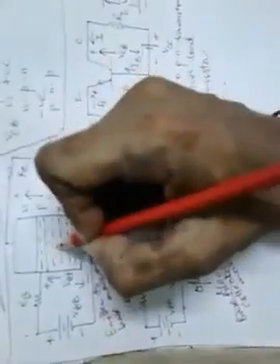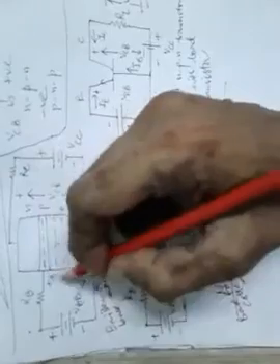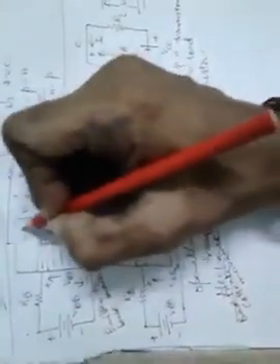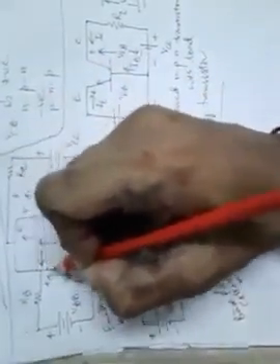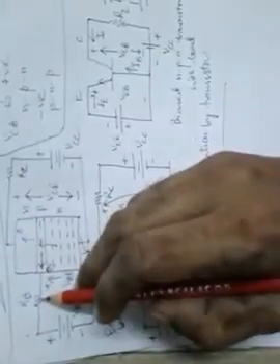Now once the emitter electrons are injected into the base region due to the forward bias of the base emitter junction, they can flow in two different directions: one towards the collector and another through the base terminal where the base resistance RB is connected.